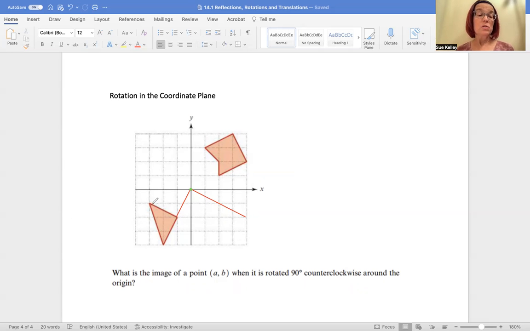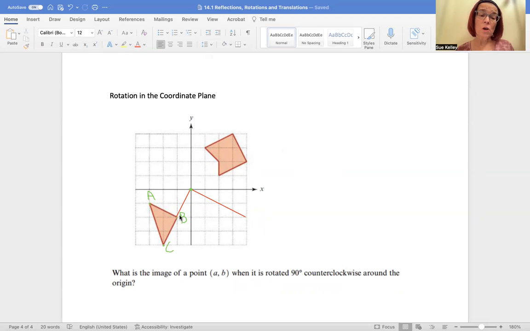All right, so again, I'm going to do this triangle here as an example, and then you can try the other shape on your own. So I'm going to label A, B, and C for this shape.